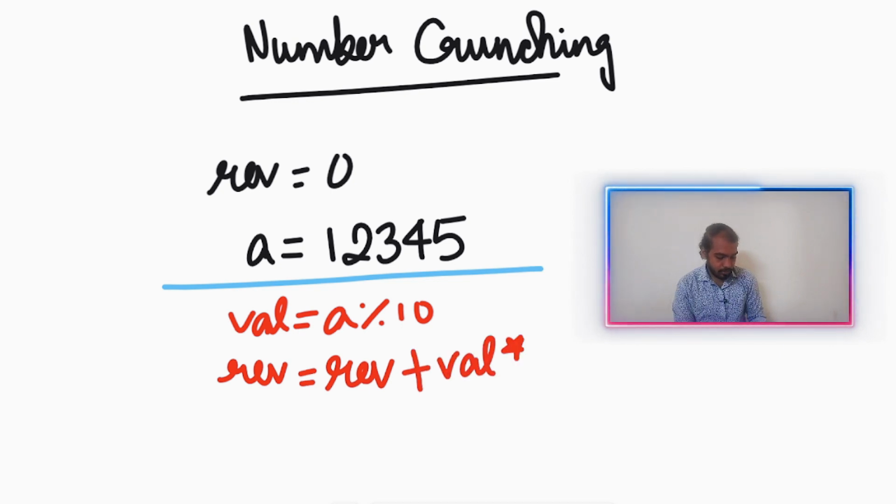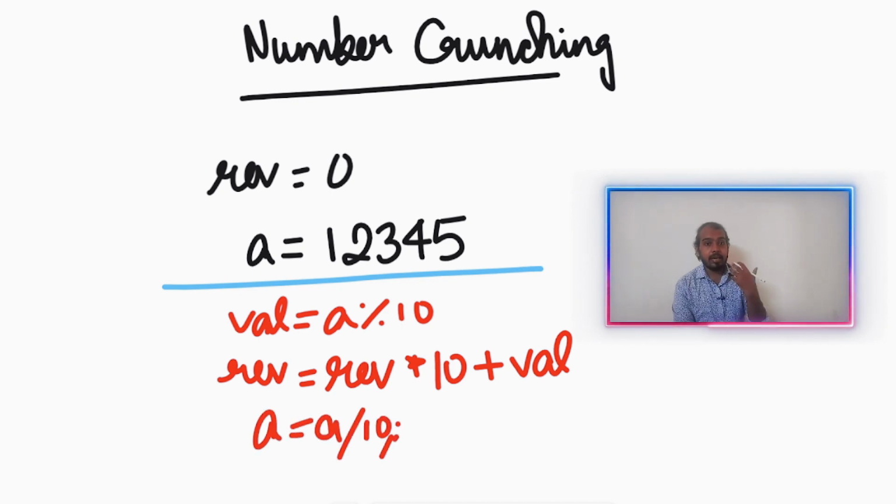I had written the formula in the wrong way at first, but this would work. I'll tell you, just wait. And the updation part, a is equal to a by 10.